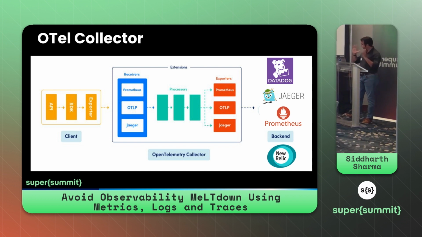Within its bounded context, the collector has multiple pipelines wherein you can do some processing of your logs and traces, some transformation, where you can say, okay, drop these metrics, drop these filters, or enhance these metrics with some additional attributes.